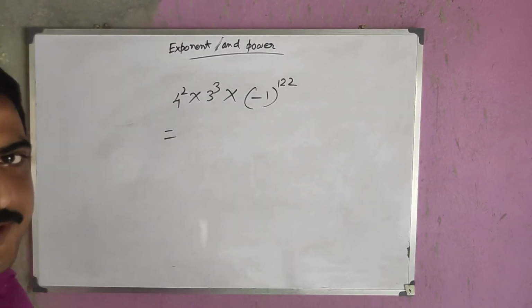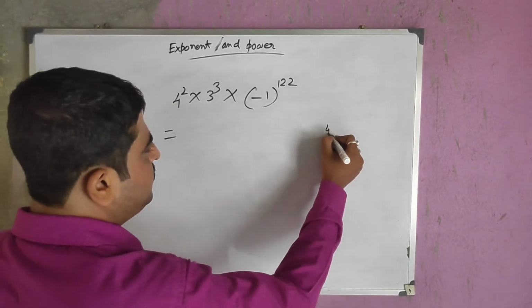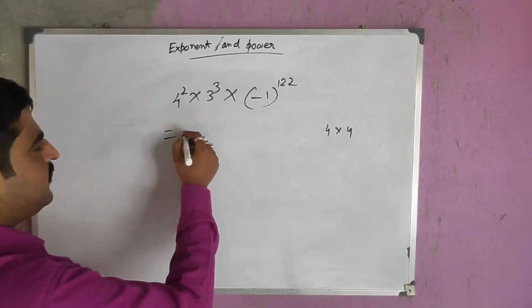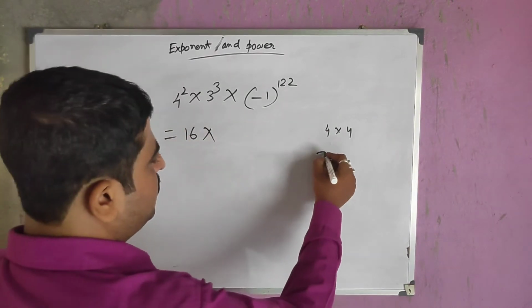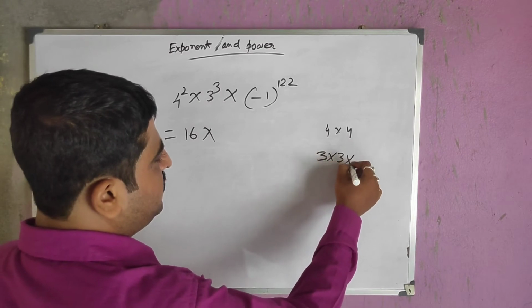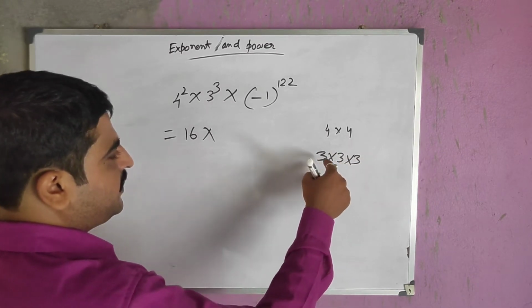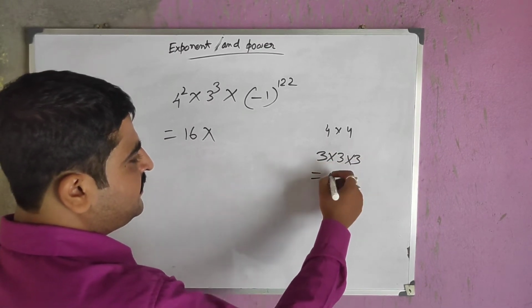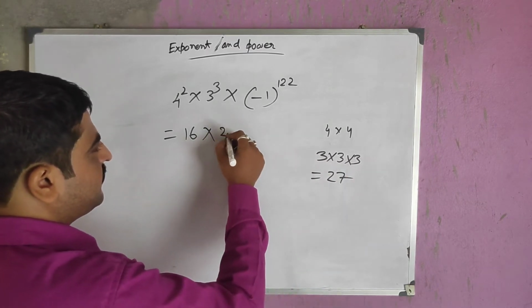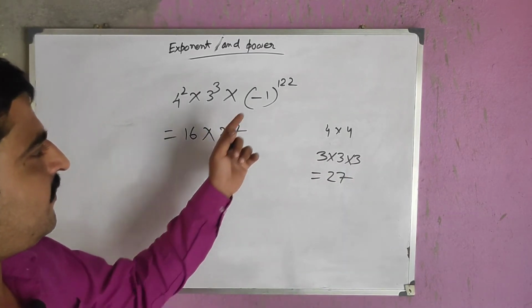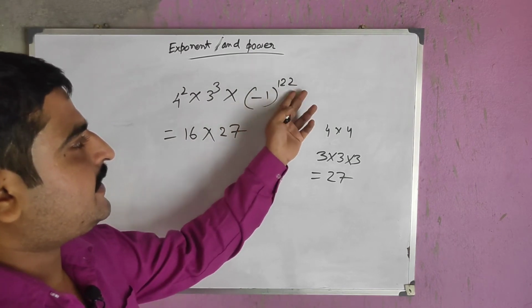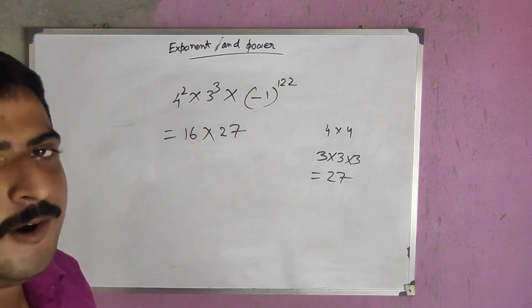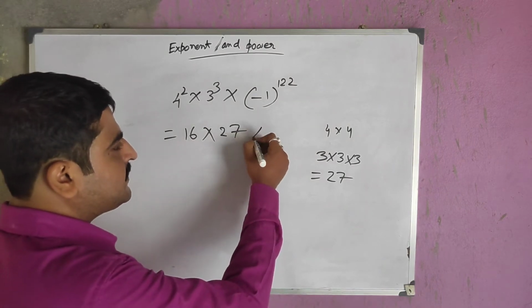So 4 square means 4 into 4, so it will become 16. 3 cube means 3 into 3 into 3, so it will become 3 3 are 9, 9 3 are 27. And here this is a negative term and it has an even number of power, so it will become plus.